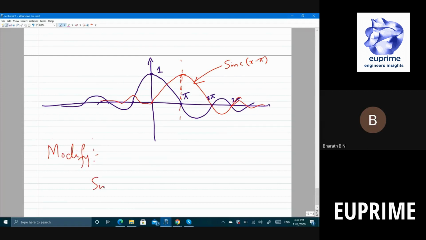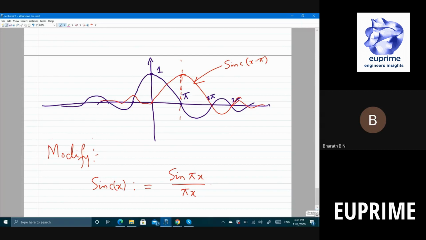Sinc x, from now onwards I'll define as sine of pi x divided by pi x. So what are the crossover points? X equal to 0, you'll get 1. X equal to 1, you'll get 0. X equal to 2, you'll get 0, and so on. Instead of pi, 2 pi, 3 pi, you'll have 1, 2, 3, etc. That's the only difference.